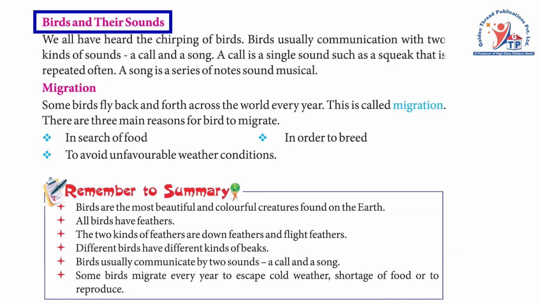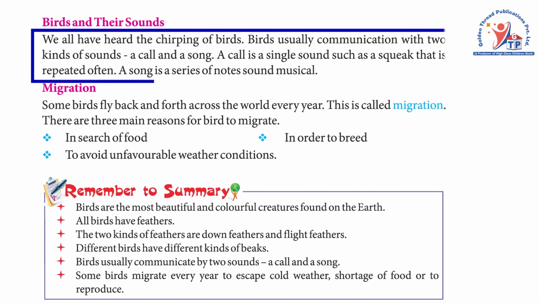Birds and their sounds. We all have heard the chirping of birds. Birds usually communicate with two kinds of sounds, a call and a song. A call is a single sound, such as a squeak, that is repeated often. A song is a series of notes that sound musical.